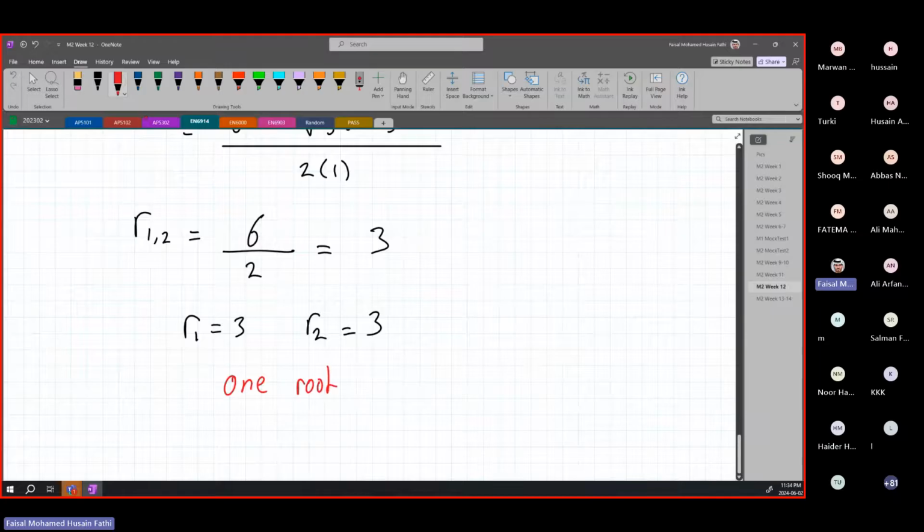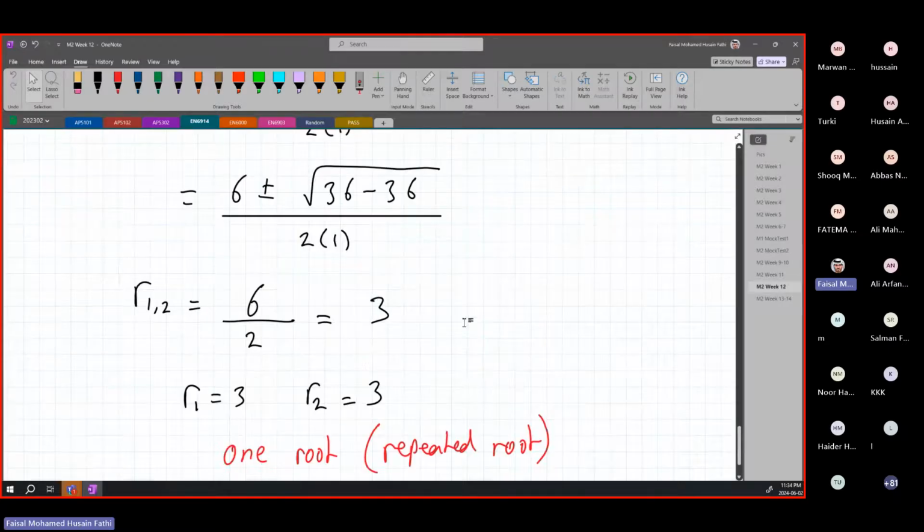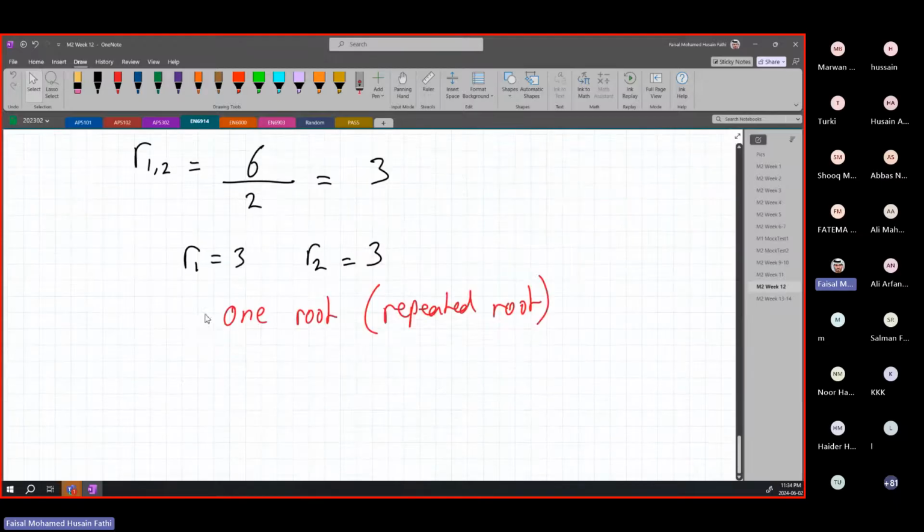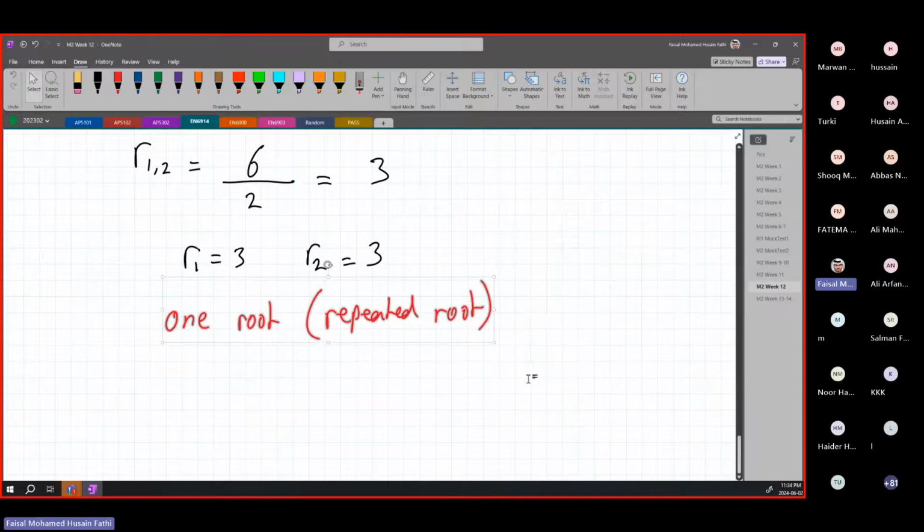In other words, a repeated root. Okay? So we have a repeated root, and R1 and R2 are both equal to 3. I'm not sure if they want steps or not. If you want steps, you can do this, and it will be very easy for you guys. So one root, meaning that we have R1 equal to 3 and R2 equal to 3.